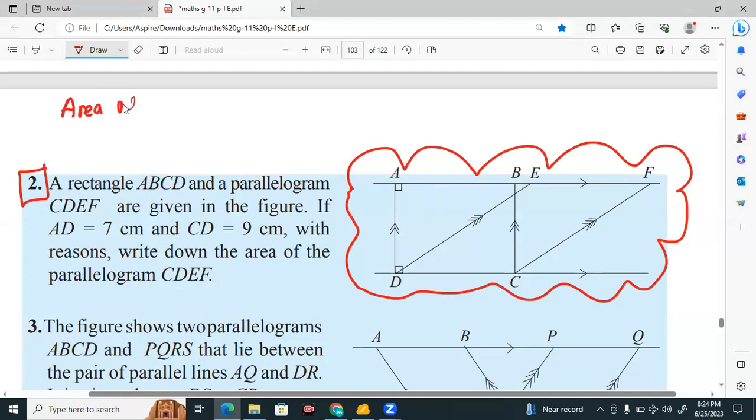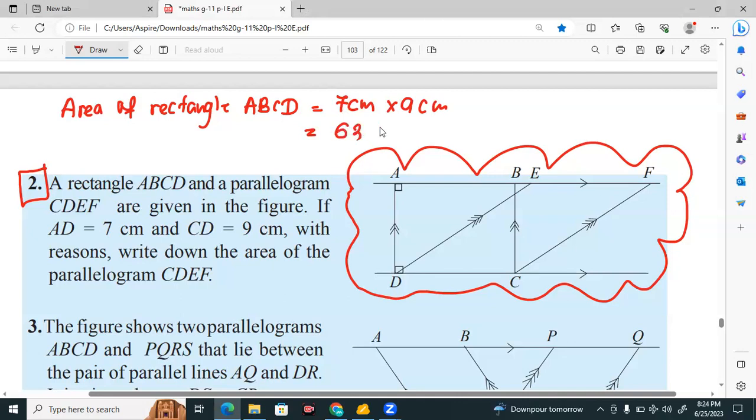Then the area of rectangle ABCD is 7 centimeters into 9 centimeters, length into breadth, or breadth into length, it doesn't matter. 7 into 9 is 63 square centimeters.